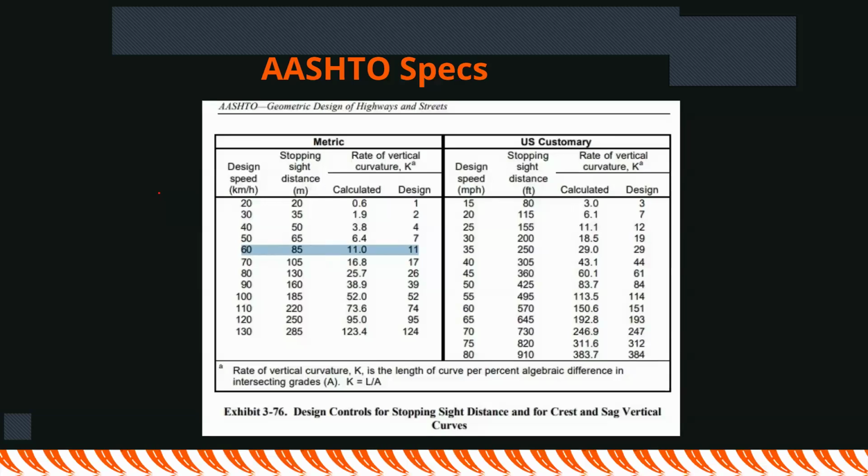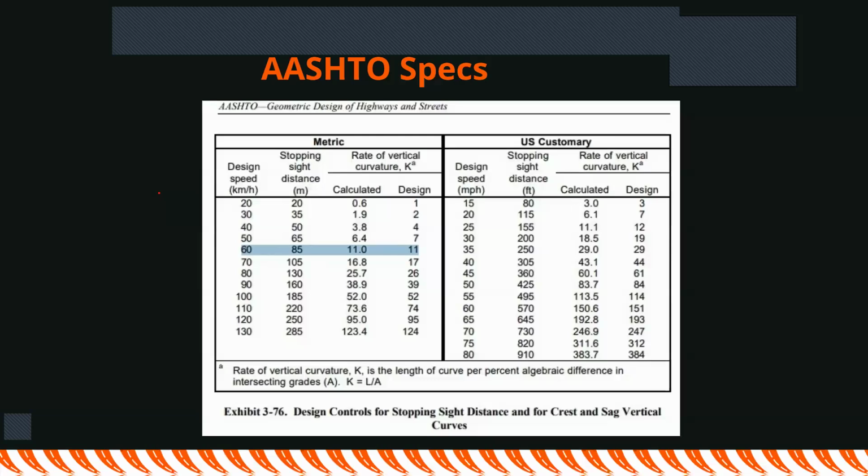The minimum length is 2 times the design speed. So 2 times 80, that becomes 160 meters. That is now the length of the curve.